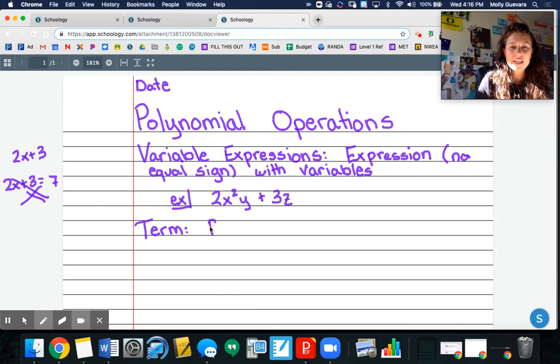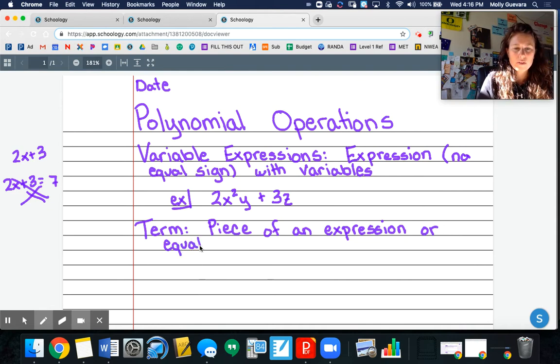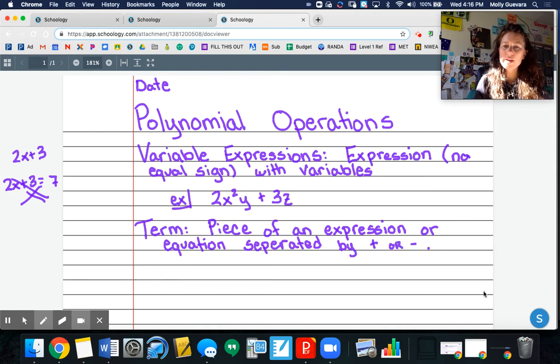This is a piece of an expression or equation, and they're usually separated by a plus sign or a minus sign. Not always, but usually.